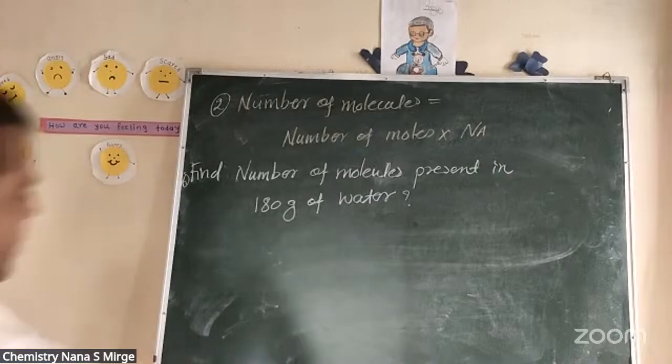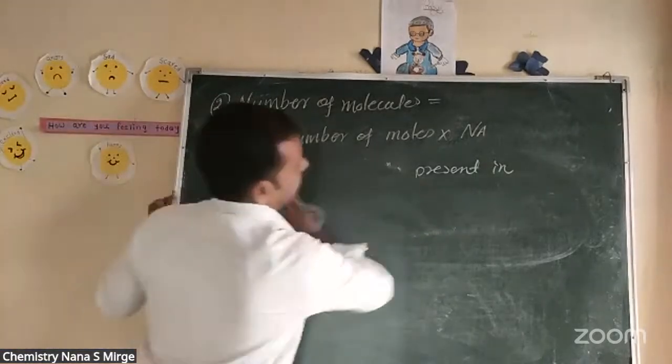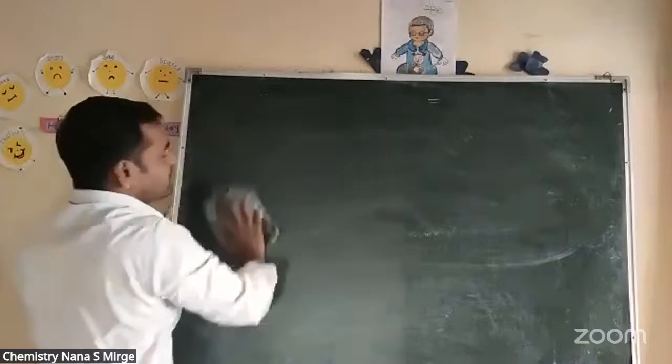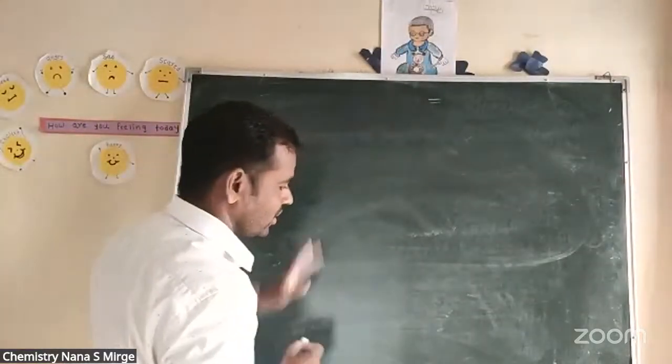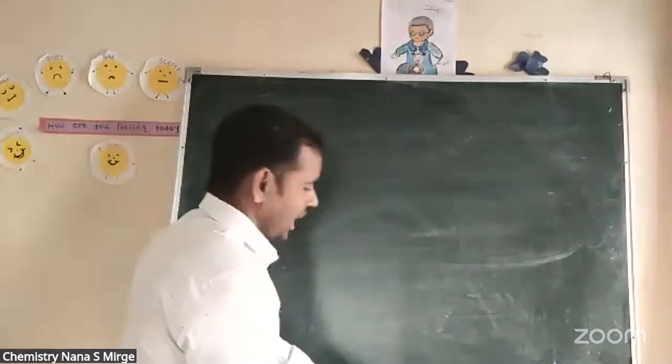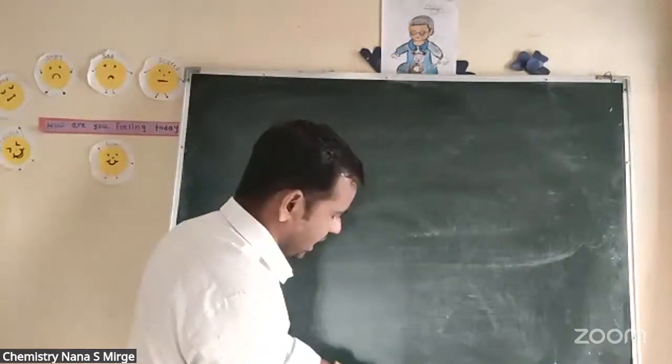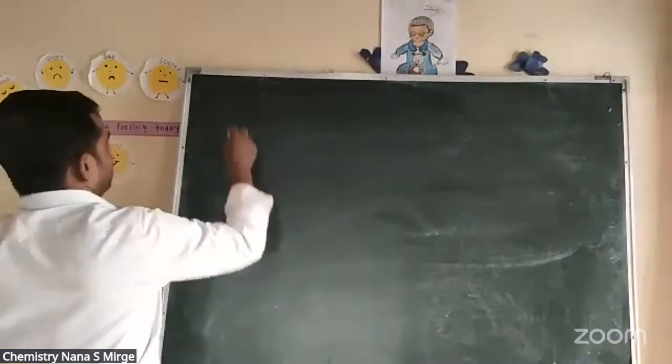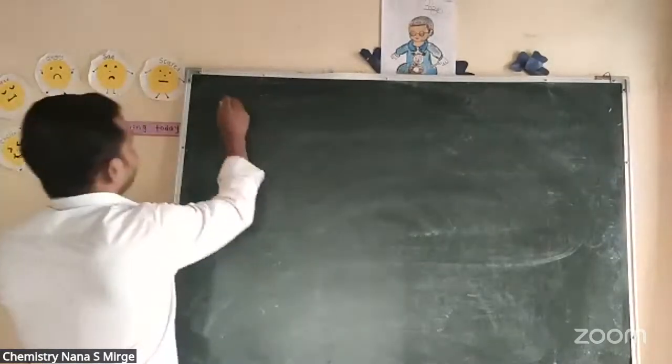You will understand this formula, there is nothing to it, just some calculation. Now we have to find out the mass, the charge on electron, charge on proton, and charge on neutron.